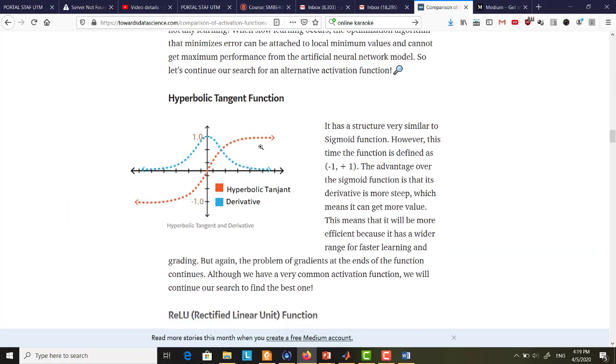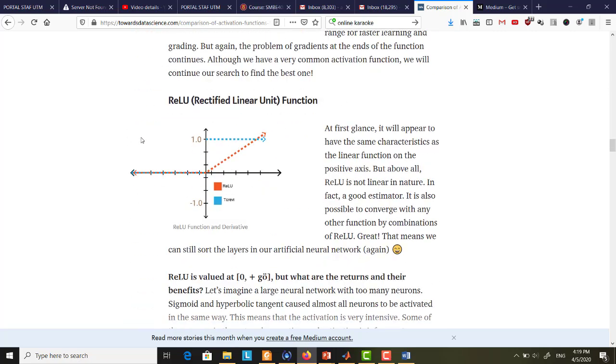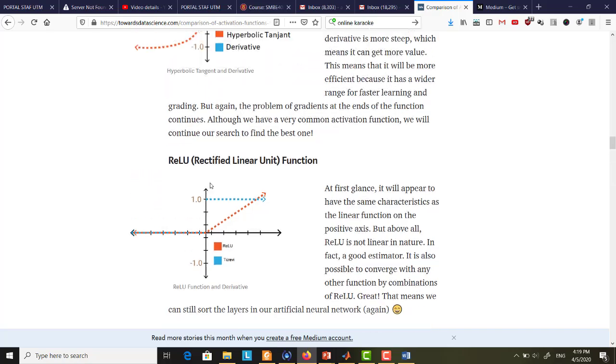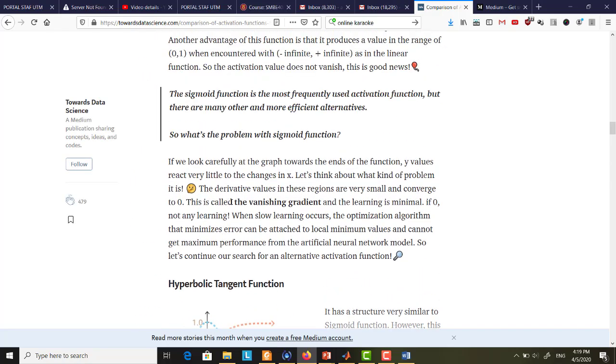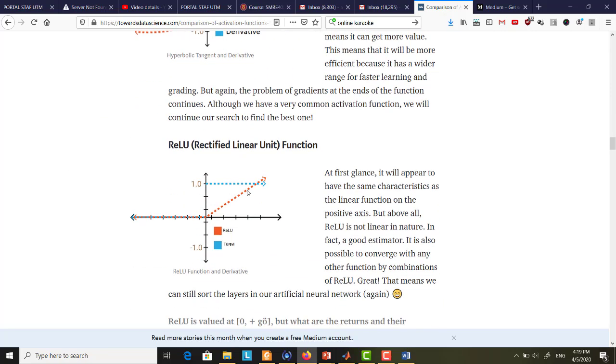The one suitable for deep learning is ReLU, which can solve the problem of vanishing gradient, because the update is very big. No matter how many hidden layers you have, the layers close to the input layer will not suffer from vanishing gradient, because the derivative of ReLU is very big, which is the blue one.